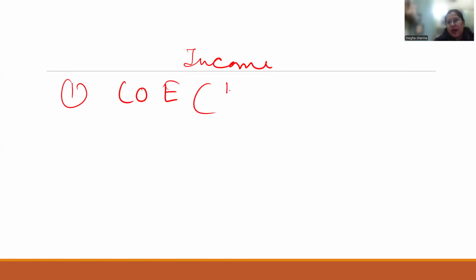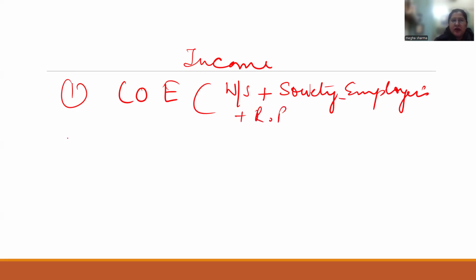For that, we need to add three parameters: wages and salaries in cash or in kind, social security scheme by employers, then retirement pension.